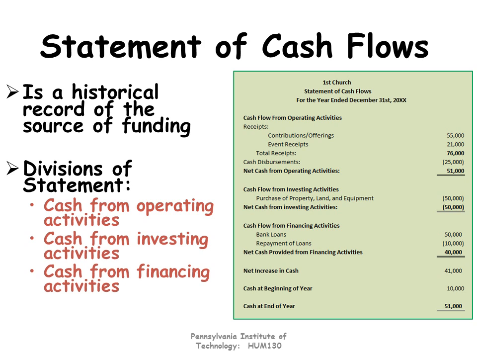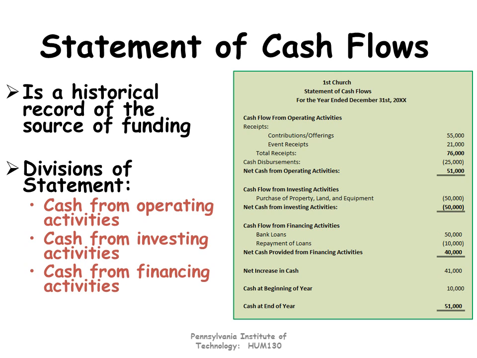Then we have our cash flow from investing activities. Now what you're going to see here is this parentheses. What the heck is that about? Remember, that's a negative. So they purchased property or equipment and it cost them $50,000. So that's a negative cash flow, meaning they put out the cash.